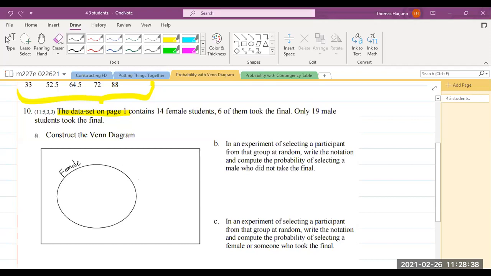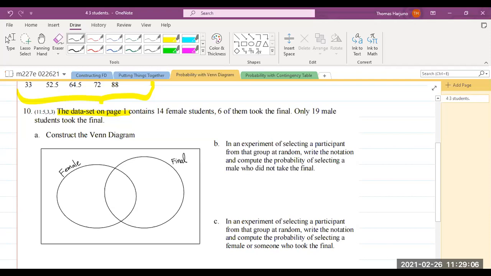I don't need to make two circles, one for female and the other for male. The interpretation is that you are either female or not female, in this case male. The other circle is, do they take final or not?